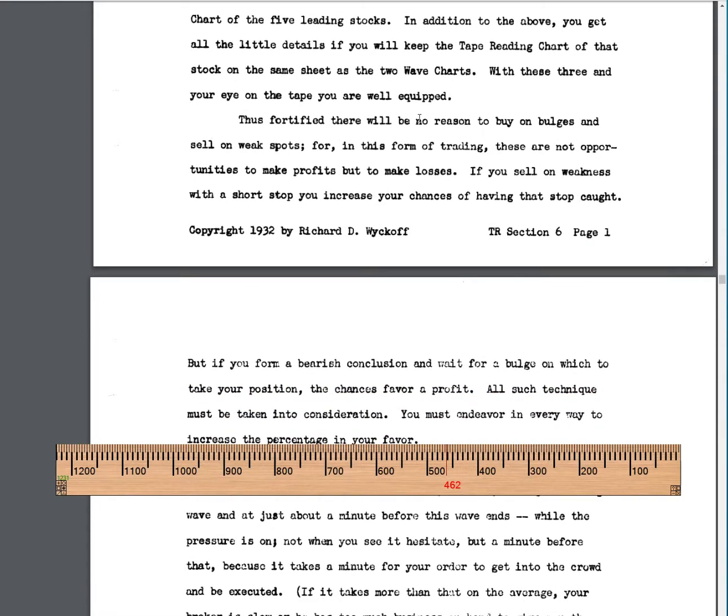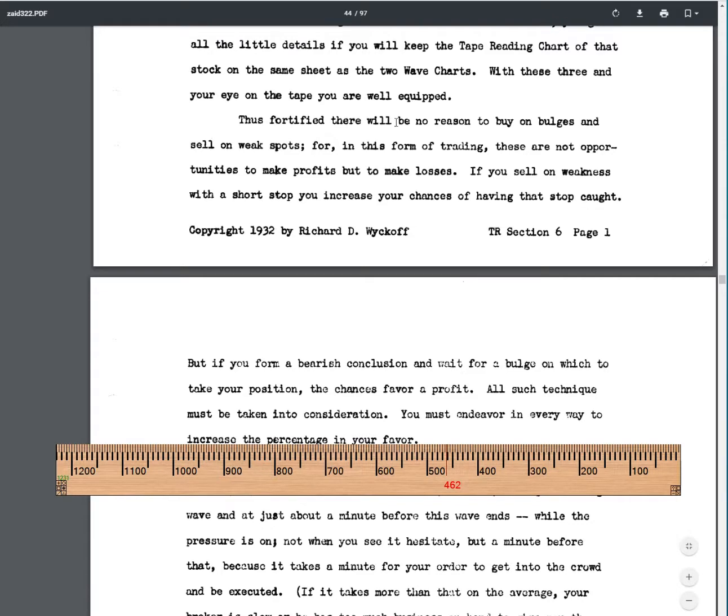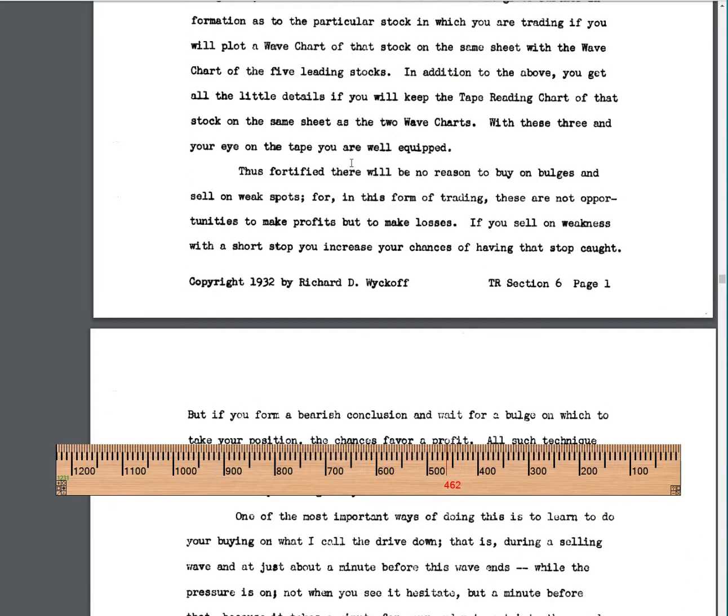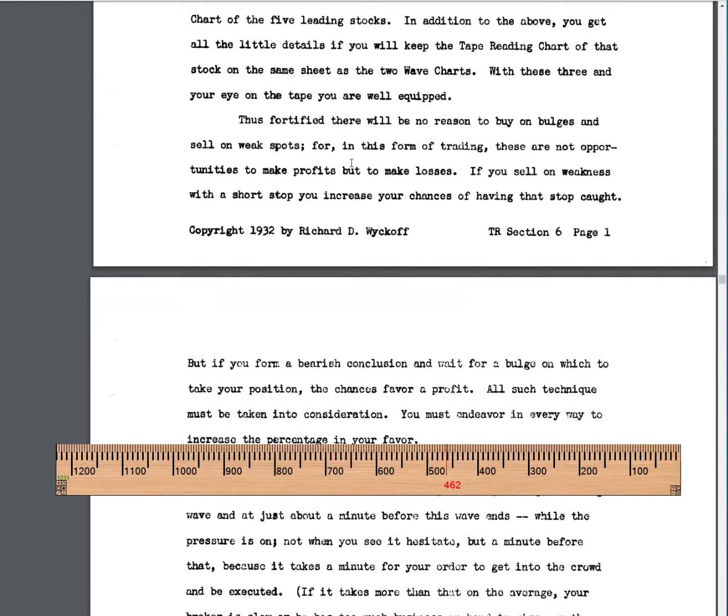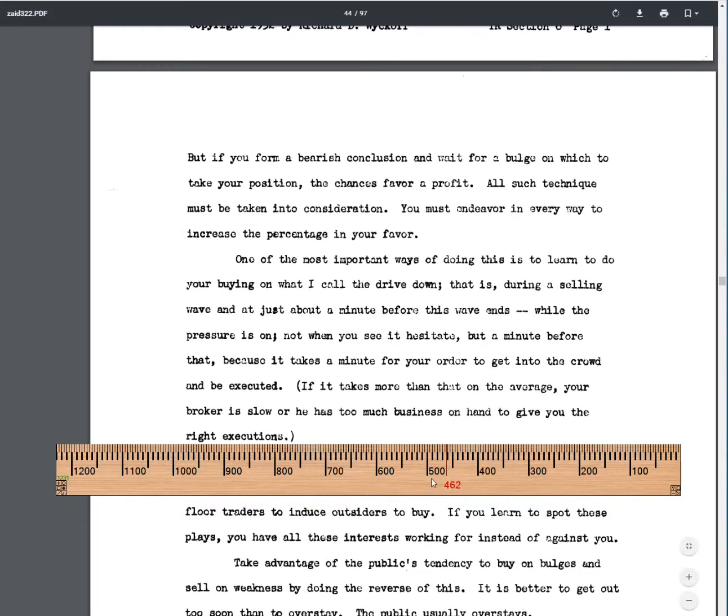You should also know from the daily whether your market is traveling or in a range. Is it range bound, or is it in the middle of a swing, part of a swing up or swing down? And he says if you are well equipped, you can basically trade the pullback instead of the breakouts.